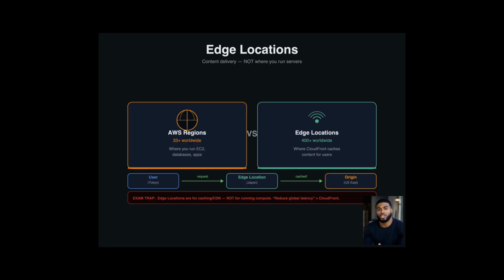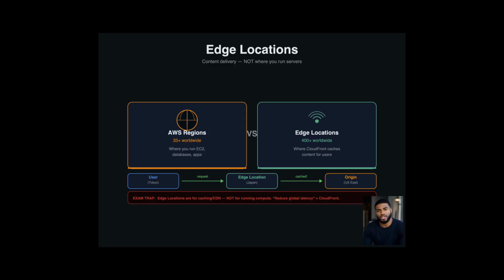Next up, edge locations. And these are a totally different thing from regions and AZs. Edge locations are not where you run your servers. They're caching and content delivery points. Think of them as the endpoints for CloudFront, AWS's CDN service. And there are way more of them than regions. We're talking 400 plus globally.